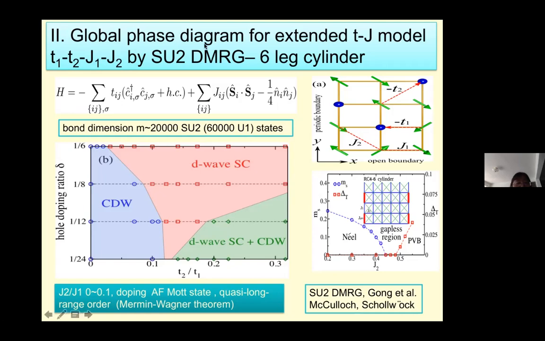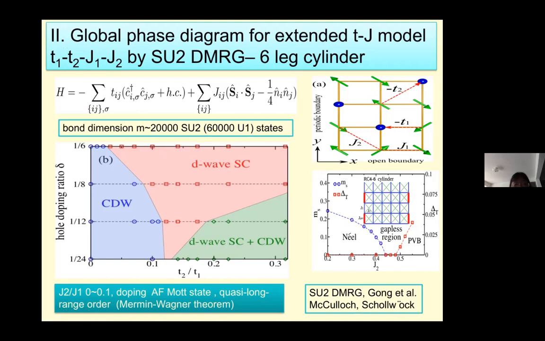The model I will refer to has t1, t2, J1, J2. That is different from some previous studies, where they considered t1, t2 and nearest-neighbor Heisenberg coupling. I think the second J2 is not so important, but we haven't checked the model without J2 yet.